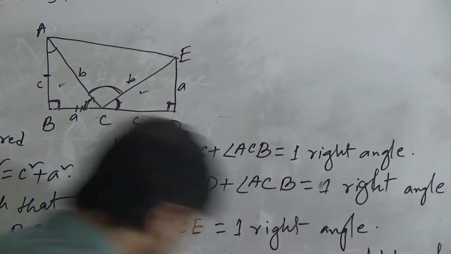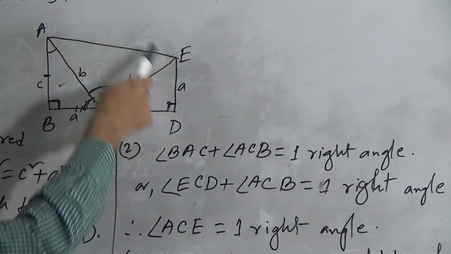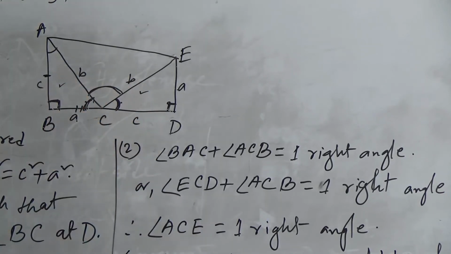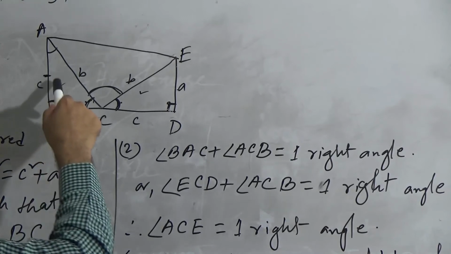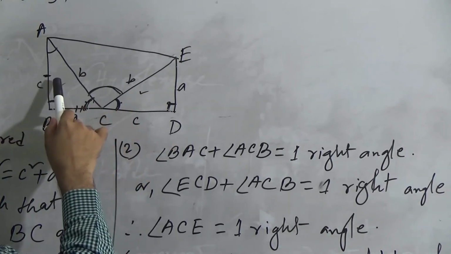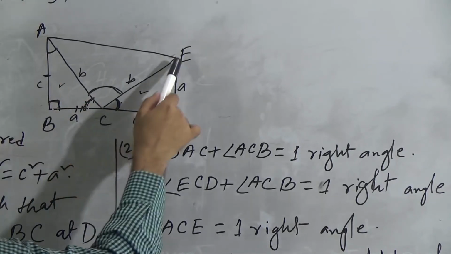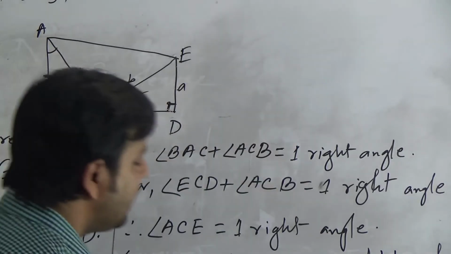The total area of the trapezium will be equal to the sum of the area of these three triangles, triangle ABC, triangle ECD and triangle ACE.